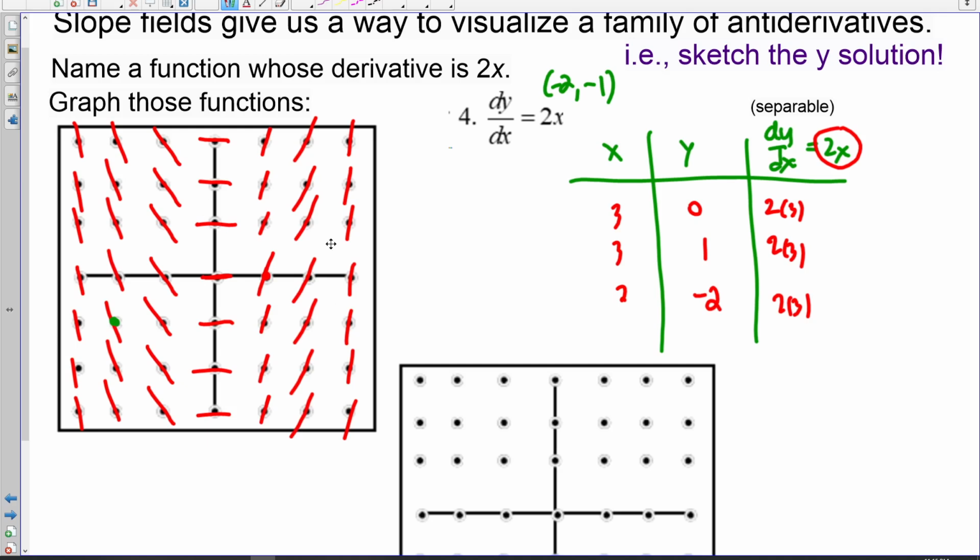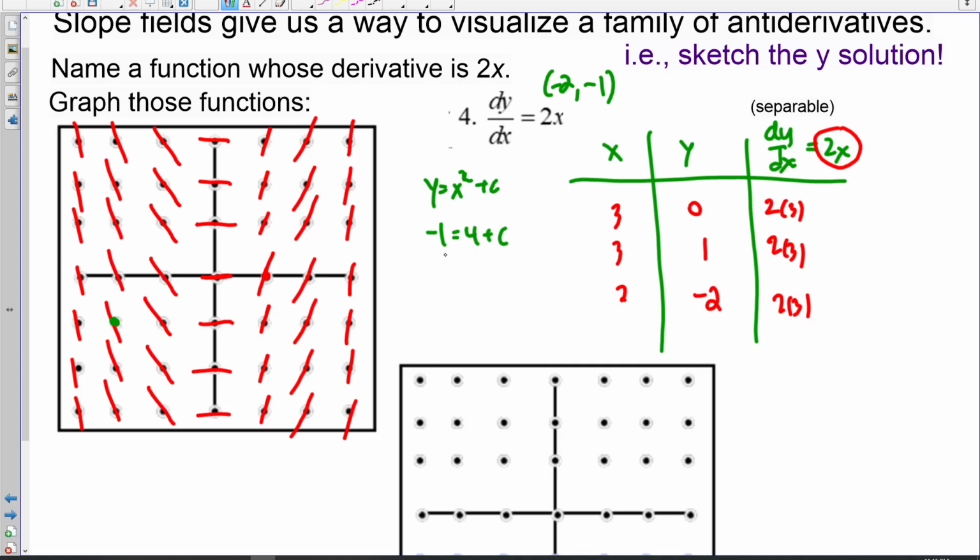There's an infinite number of possible solutions here, but this one would signify a certain y equals x squared plus c, where you plug in y equals negative 1 and x equals negative 2, and that would give you what c is.